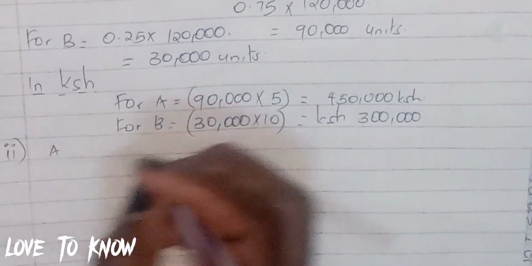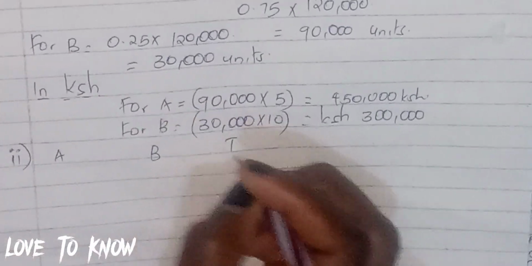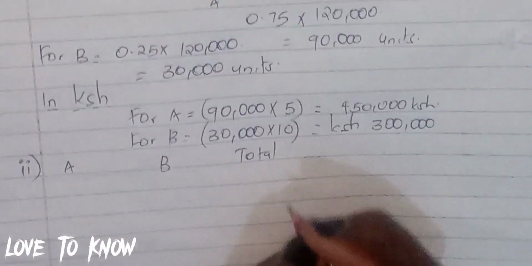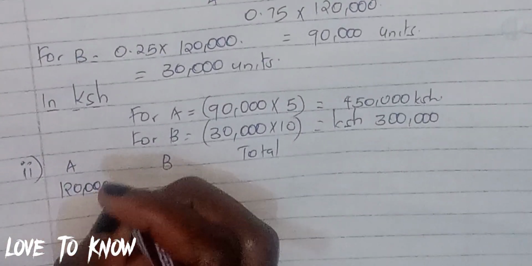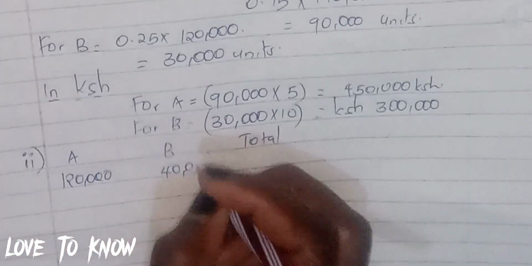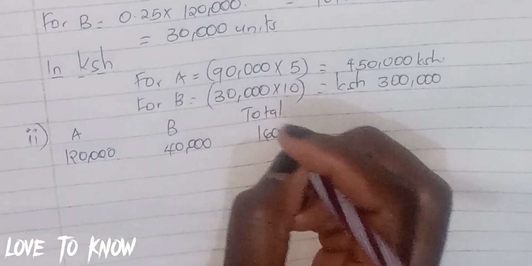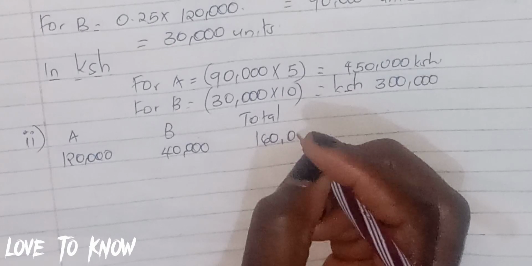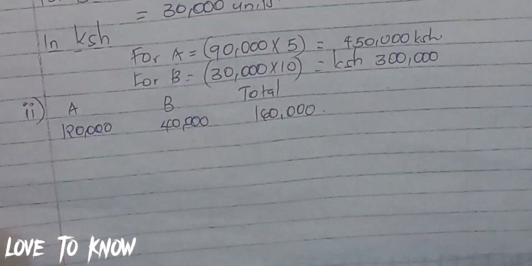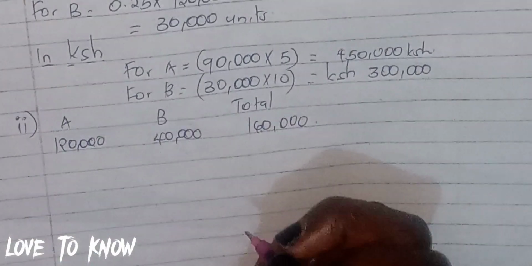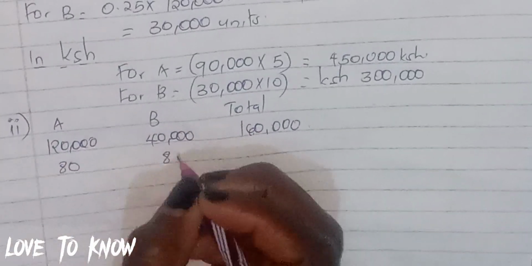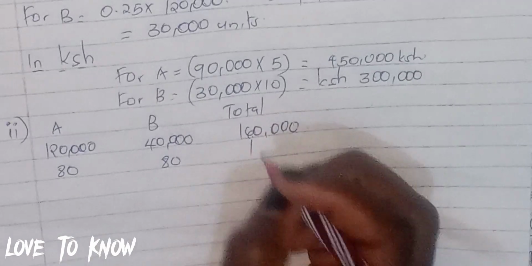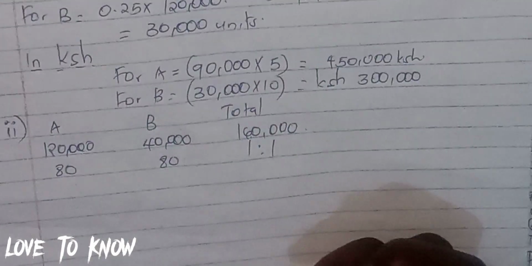That's for A, B, and the total. For A, it was 120,000 units. For B, it was 40,000 units. This gives us a total of 160,000 units. We'll divide the 160,000 units by 2. This gives us 80,000 and 80,000. And this equals a ratio of 1:1.